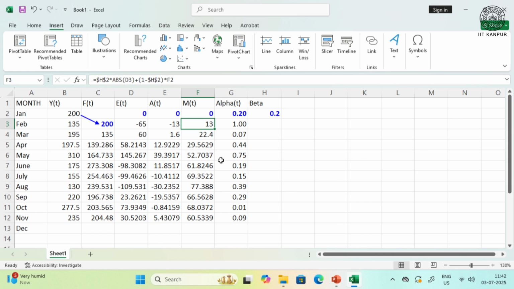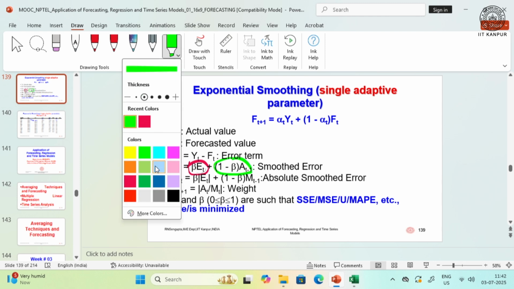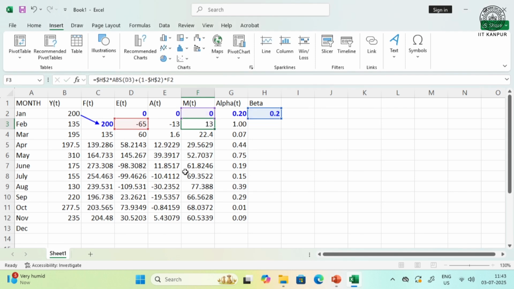So, when I come to MT, MT is basically exactly the same thing. I will again use a color, say for example pink. So, beta into mod of ET. Beta is basically H2 and mod of ET is 65, which is plus 65 obviously, because you are taking the absolute value.